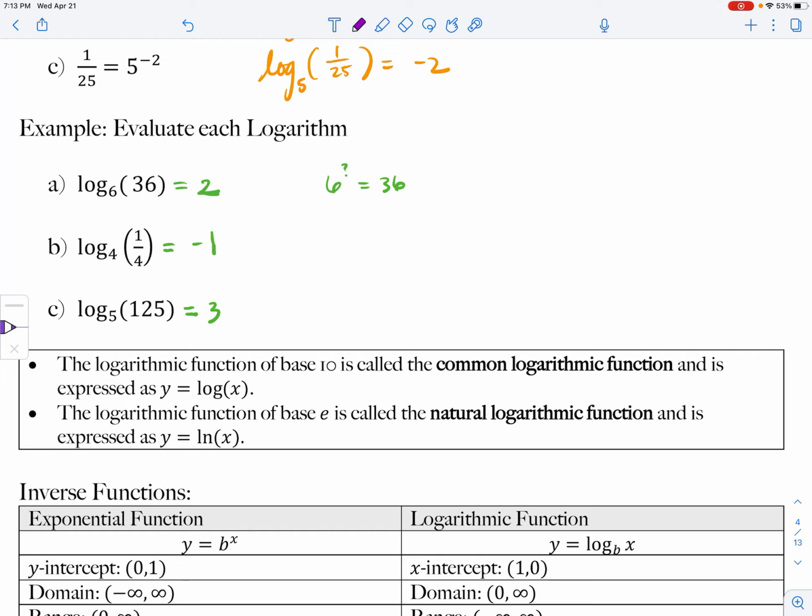Okay, and the logarithmic function of base 10 is known as the common log function and is expressed as y equals log of x. When you don't see the base written, but it's still written as log, that means log base 10.